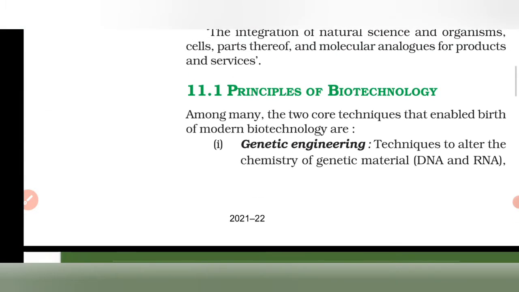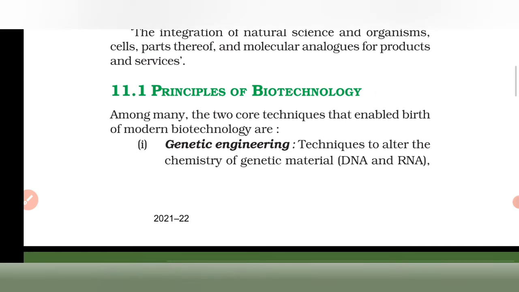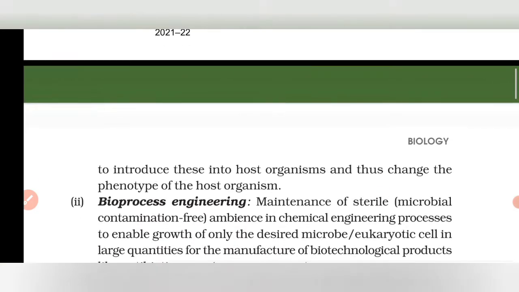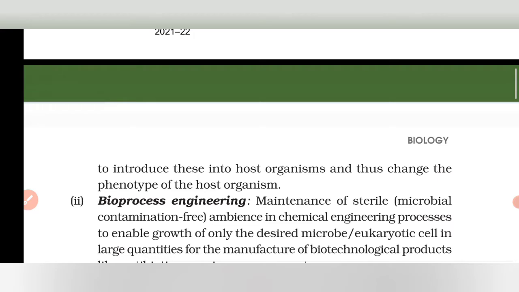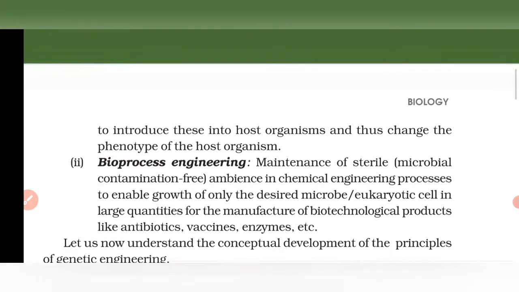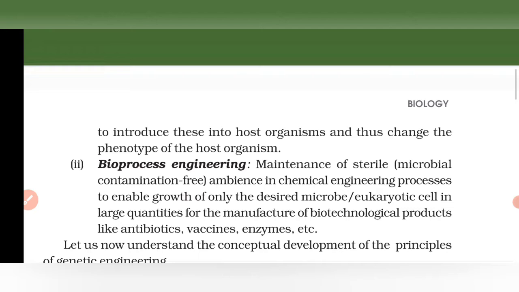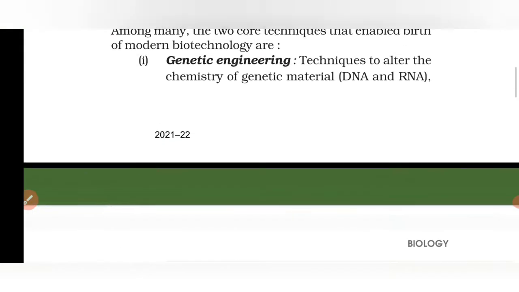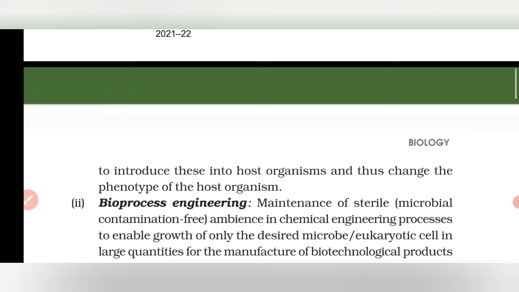Genetic engineering means the techniques to alter the chemistry of genetic material, that is DNA, or sometimes RNA as in viruses, to introduce these into the host organisms and change the phenotype of the host. मतलब जो हम जीन और कुछ निकालते हैं ऑर्गेनिज्म से दूसरे जीन में डालने के लिए, वो हम अल्टर और मॉडिफाई करते हैं. And this process of changing the chemistry of genetic material is called genetic engineering.